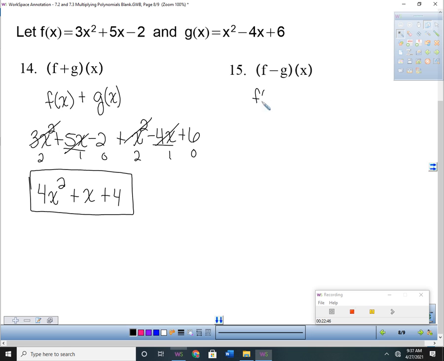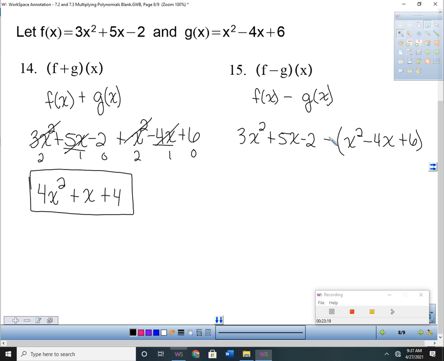All right, this one is saying, let's take whatever f of x is and subtract whatever g of x is. I don't need parentheses here, but I am going to need them behind this minus sign. All right, so I can write down the first one, which is 3x squared plus 5x minus 2. And I'm subtracting, and then I need to put a parenthesis because I'm subtracting this entire function, which is x squared minus 4x plus 6.